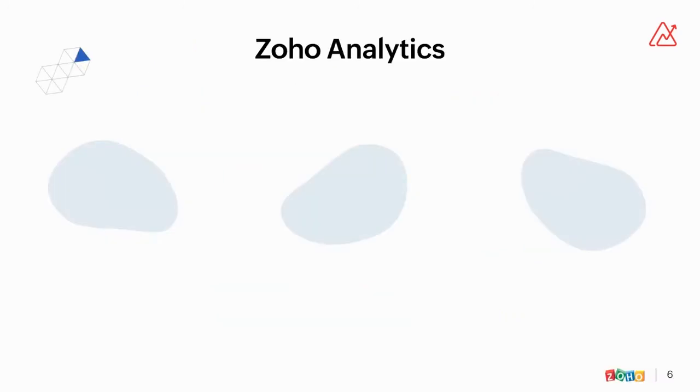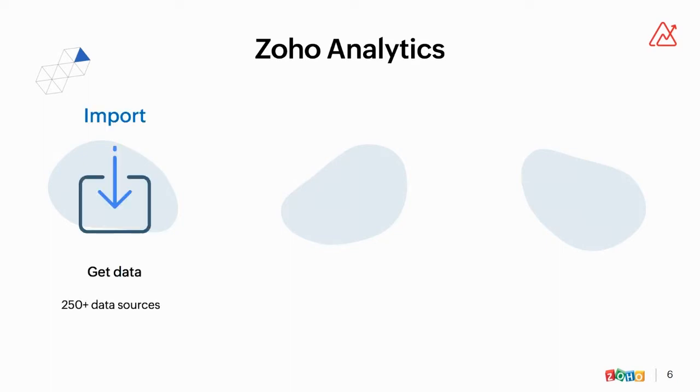Now, about Zoho Analytics. In Zoho's hierarchy, Zoho Analytics, the team that I represent, is from the BI and analytics suite of products. It's a self service business intelligence and analytics platform. With Zoho Analytics, you can get your data from more than 250 data sources like files, feeds, cloud databases, local databases, and popular business applications.